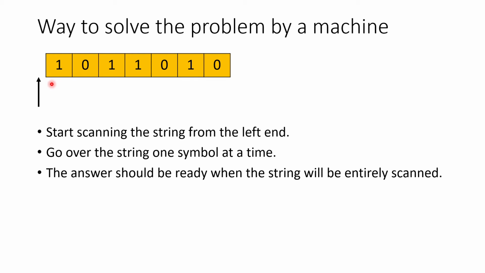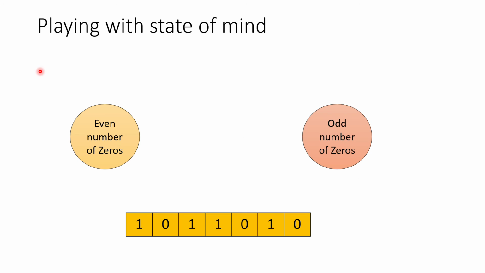How many ones are encountered before we start reading the first character isn't important. What is important is how many zeros you have encountered, whether an even number of zeros or an odd number of zeros. The number of zeros you have encountered is zero, which is even. So your initial state of mind is even number of zeros.